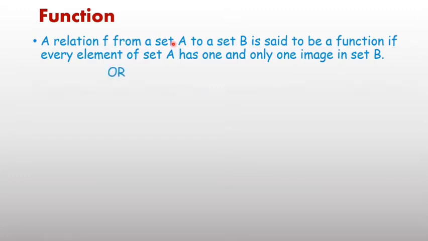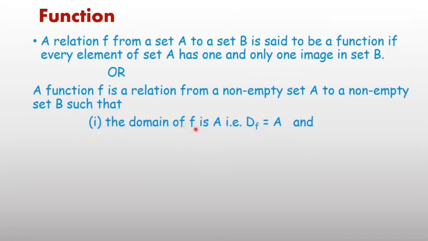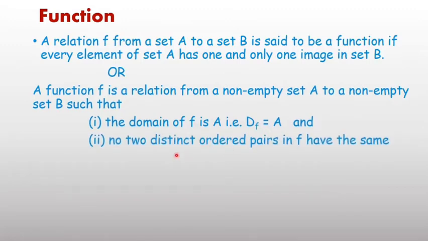Or in other words, you can say, by the same definition, a relation is a function from non-empty set A to non-empty set B if the domain of f equals set A, and no two distinct ordered pairs have the same first element.